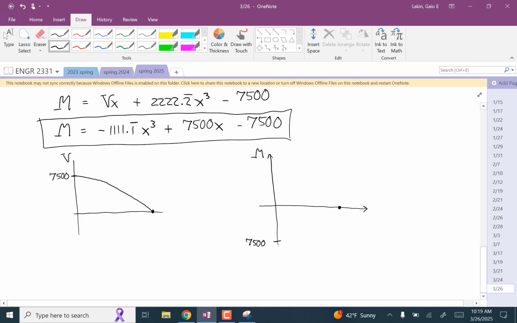And that is going to be concave this way. Okay, so those are what those functions look like. Which says we're most concerned about stuff at the wall. That's where the shear force is going to be big. That's where the bending moment is going to be big.